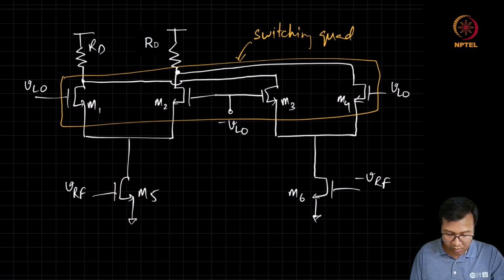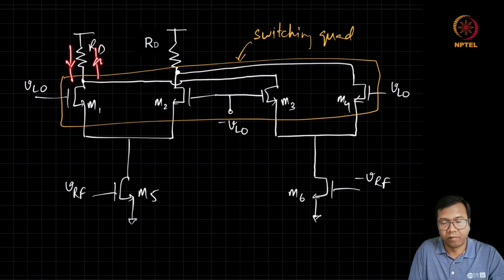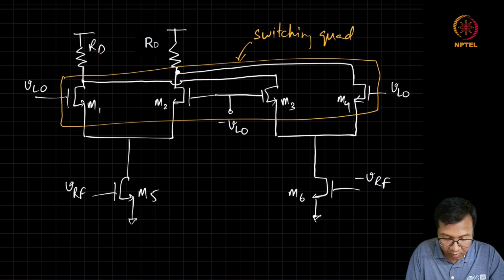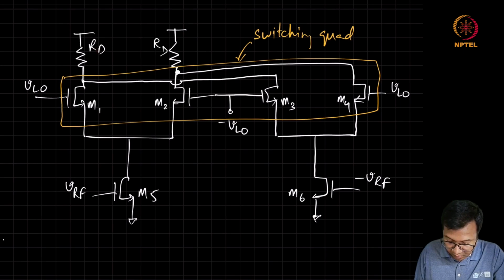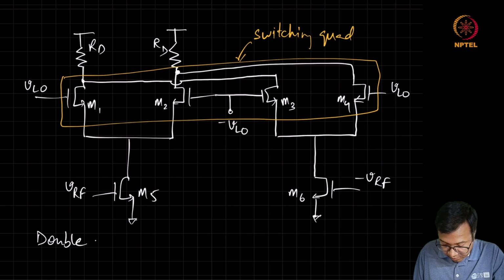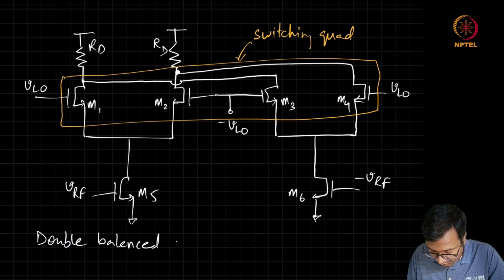And now we can see that all the time either IRF or minus IRF is flowing into the output load. This is called a double balanced active mixer.